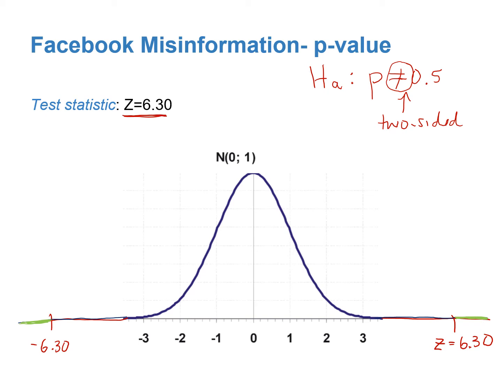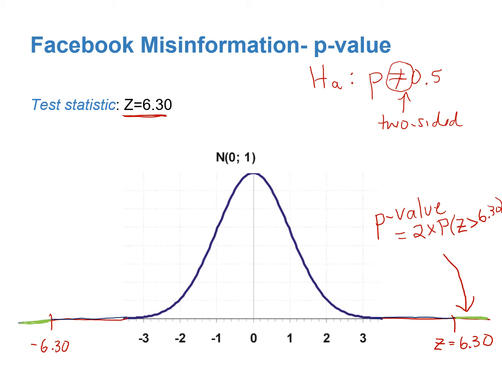Now, since my normal distribution is symmetric around 0, I can find the p-value by finding just one of these areas. And so I can take twice the probability that my z distribution would have a value greater than 6.30.